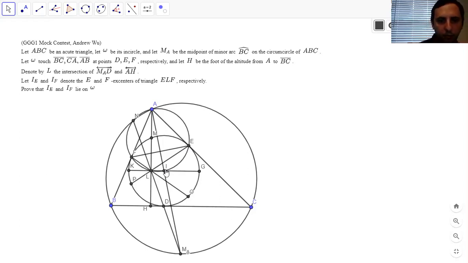How does that prove that EG equals GO? The arcs are the same.